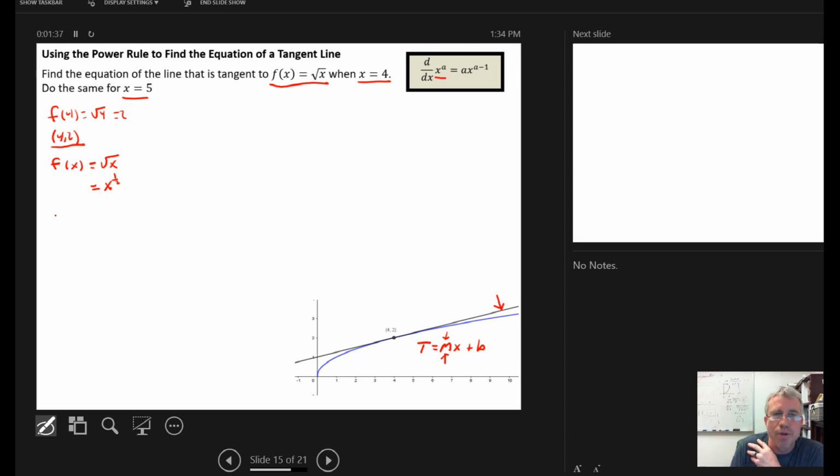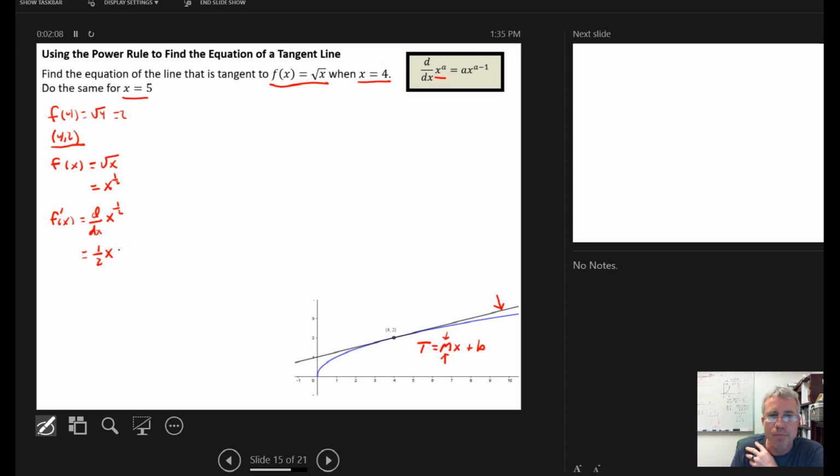So to find the derivative f prime of x, which is just equal to d/dx, this operator says take the derivative of the thing that comes next, x to the 1/2. I can use the power rule to calculate this derivative. The power rule says take the exponent and bring it down into the coefficient position on x, and then subtract 1 from the exponent.